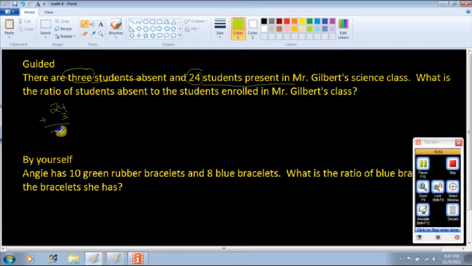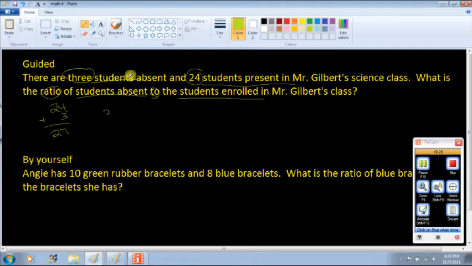That's going to give us 27 total. So let's look at the question, because remember, from the question is where we get the ratio. So here it says, what is the ratio of students absent to the students enrolled? And remember, enrolled means how many students are supposed to be in Mr. Gilbert's class. So how many students are supposed to be in there is 27, because that's the total. So there's 3 absent.